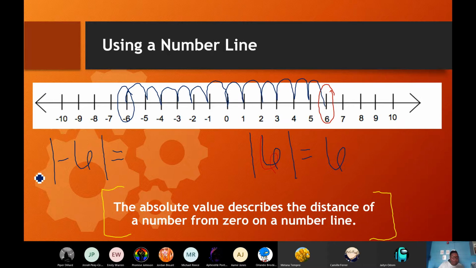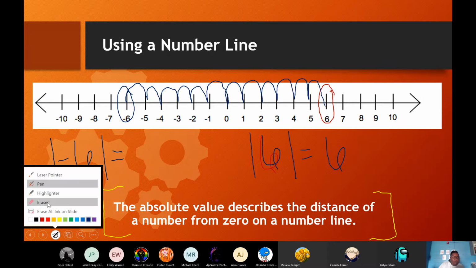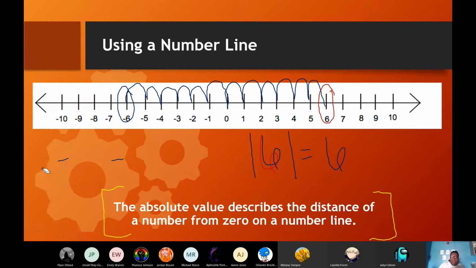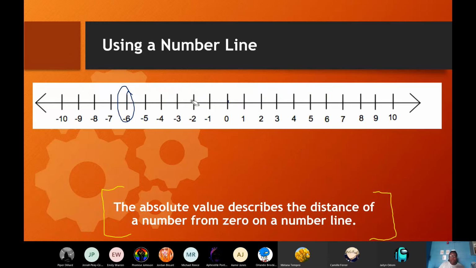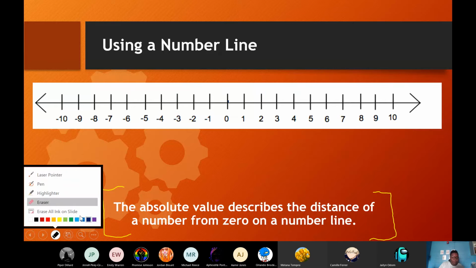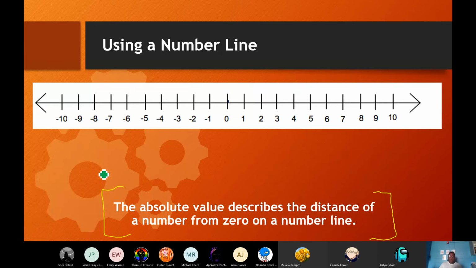Let's do some independent practice, and you're going to get 5 minutes to work these 3 examples out on your own. Example 1. Please tell me the absolute value of 5. Example 2.